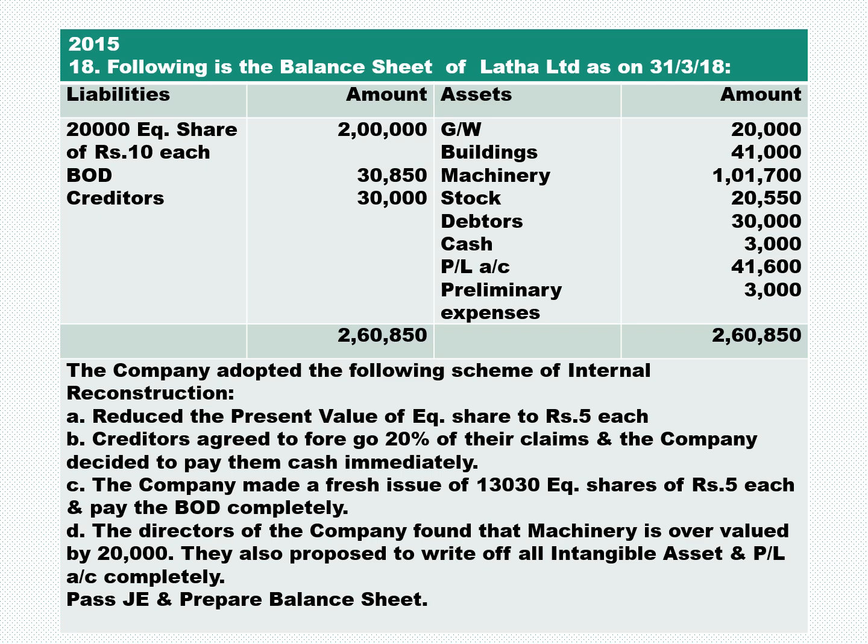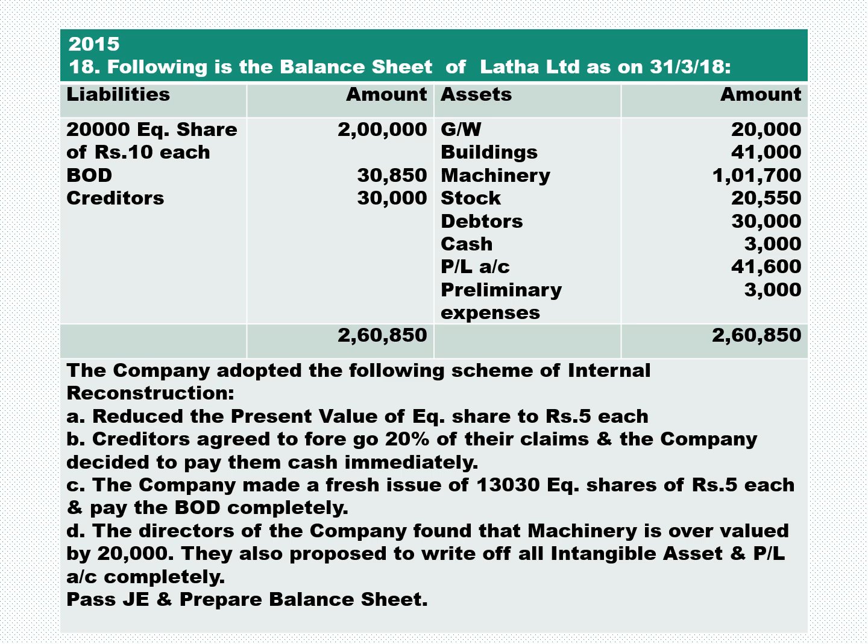The company made a fresh issue of 13,030 equity shares of rupees 5 each and pay the BOD completely. And then the directors of the company found that machinery is overvalued by 20,000. They also proposed to write off intangible assets and PL account completely. Pass journal entry and prepare the balance sheet.